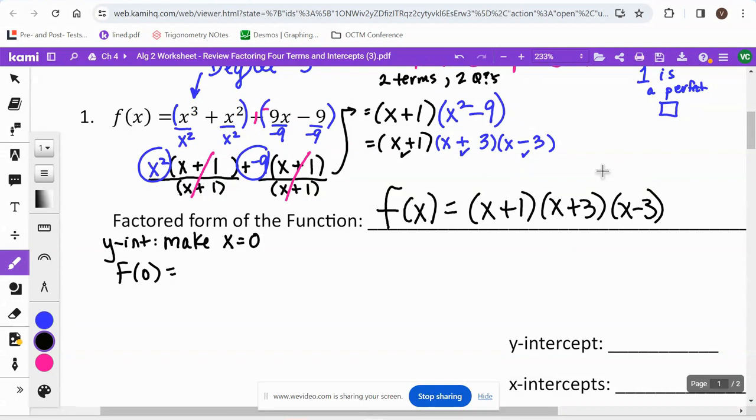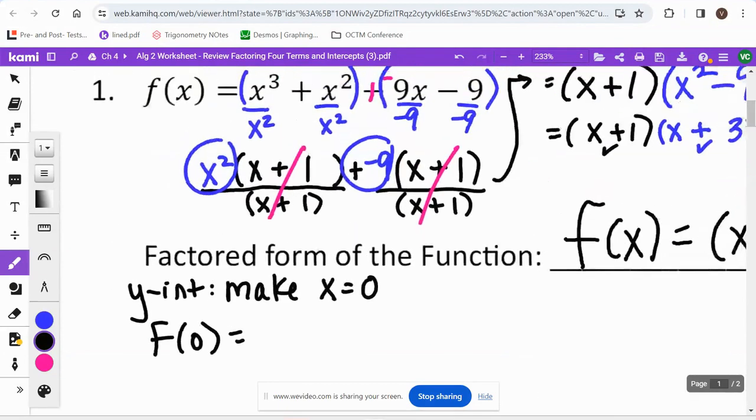If I find the y-intercept in this factored form and I had factored it wrong, I might get the y-intercept wrong also. So I tend to use the original to find the y-intercept. But it doesn't matter which one you use. I'm going to use the original.